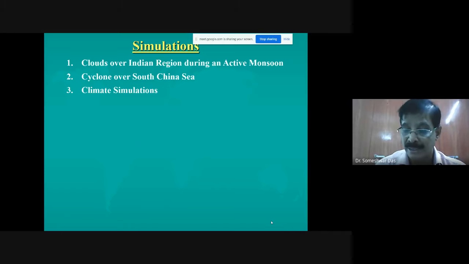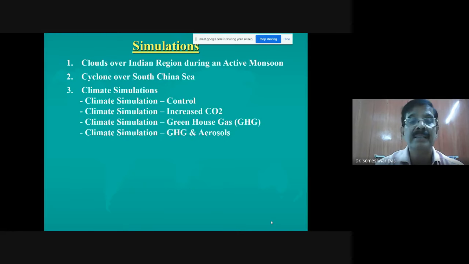Climate simulations. I'll also show you some examples of climate simulations today. In that, I'll show you how the climate looks when we simulate it in a controlled environment using a control model. We can have different numerical experiments using the model. For example, we can see the impact of an increase in carbon dioxide.